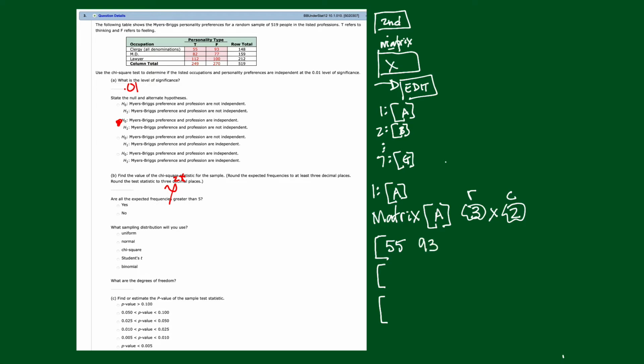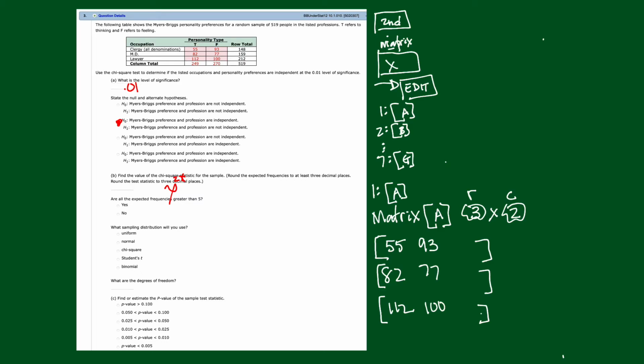Press enter. Cursor drops down to this row here, which is an 82. So type in 82. Press enter. 77. Enter. 112. Enter. And 100. Enter. All right, so we've got our matrix in.